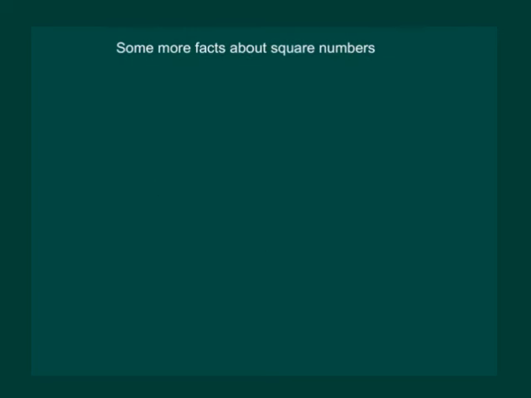Let us discuss another fact about square numbers. Let us take 4 square. We know that it is 16 and 5 square is 25. Let us see how many numbers between 16 and 25 are not perfect squares.